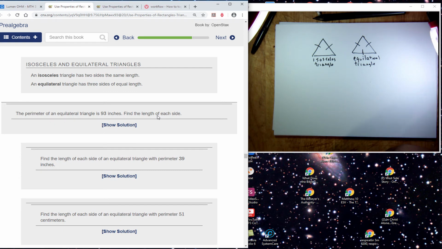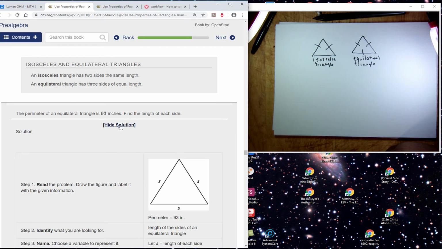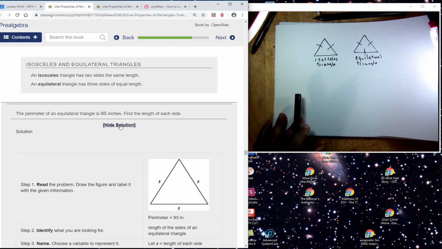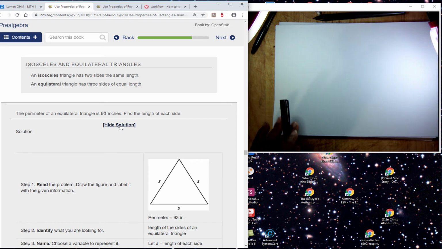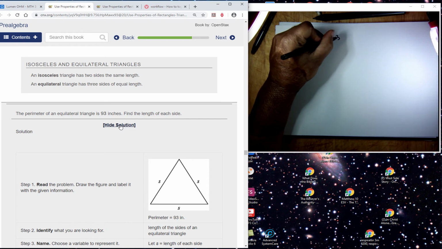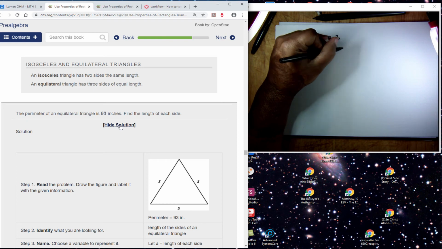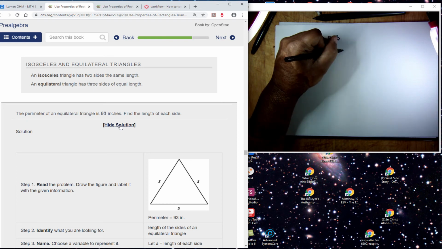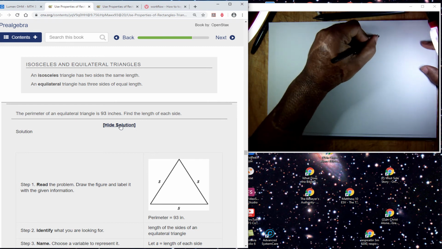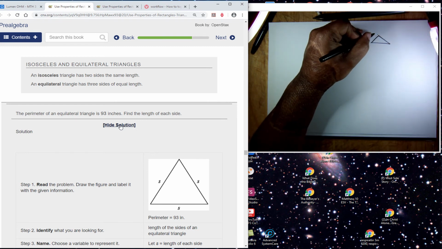So find the length of each side of an equilateral triangle. The perimeter is given to be 93, and they want the length of each side. In an equilateral triangle, all the sides are equal.